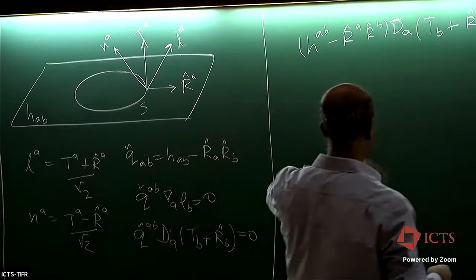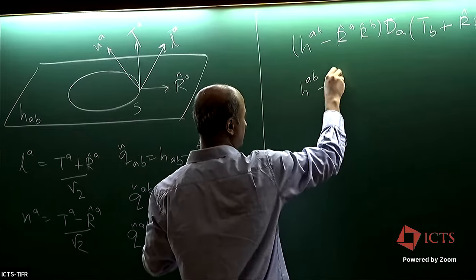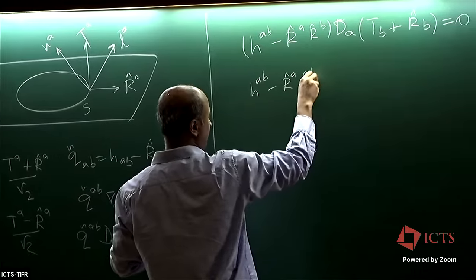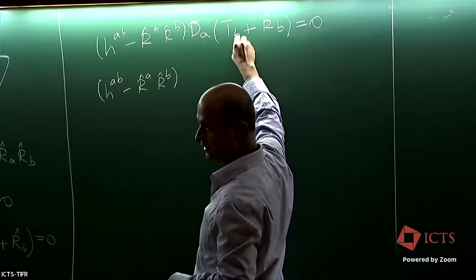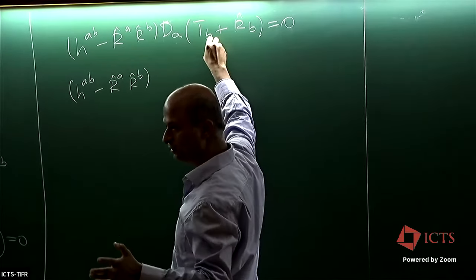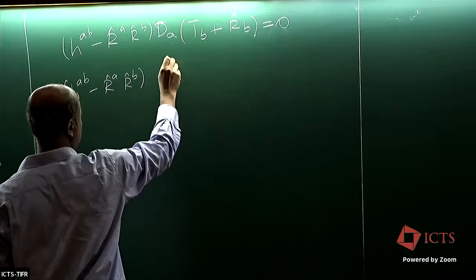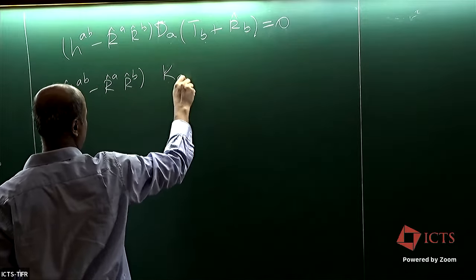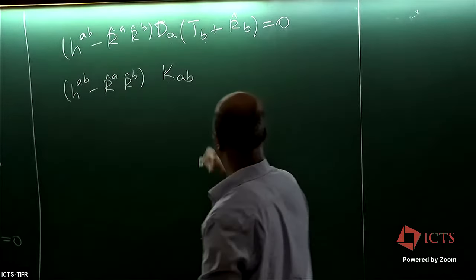So let us now collect the terms. So then I have again h^A_B minus R_A. So here first notice I have D_A and T_B. That is just the extrinsic curvature, so that is just then K_AB. Then I have the D_A r_B.